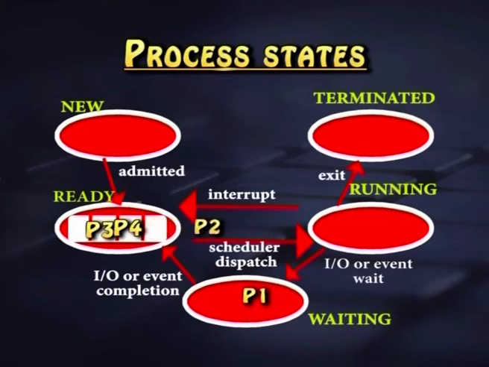P2 goes to running state and P1 joins the ready queue in ready state after completing its input output operations. P2 goes to terminated state by executing itself to completion, and CPU is assigned to the next process in ready queue. This process goes on.